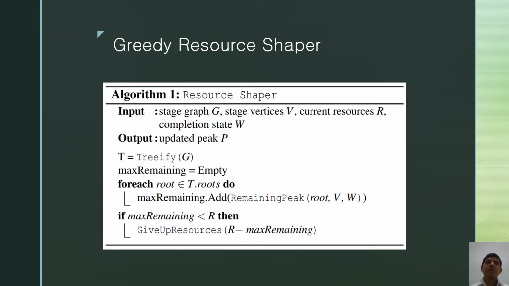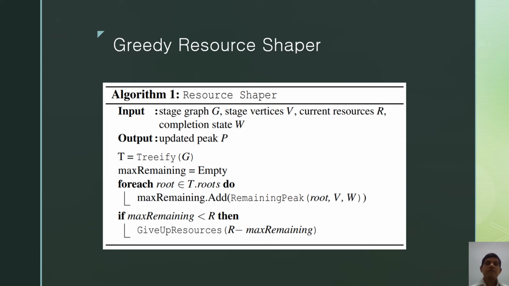Since finding max vertex cut in a DAG is not solvable in polynomial time, we introduce a heuristic. We convert the DAG to a set of disjoint trees by the treeification algorithm.